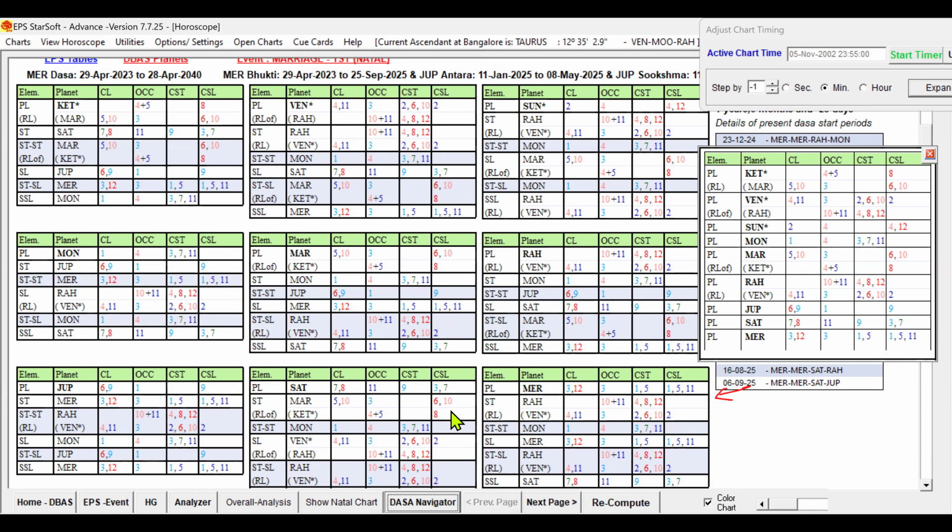So by finding the strength of Mercury at all levels, despite the star level having some weakness, Mercury is the strongest one. So Mercury Dasa, Mercury Bhukti has given the marriage, and the Antara is Rahu. Rahu has the star level Moon and the sub level with important, otherwise missing, key planets of the Bhukti lord.